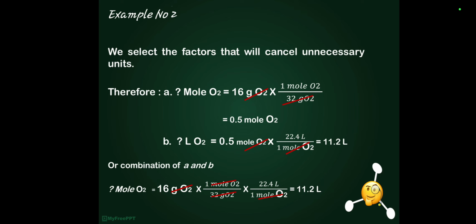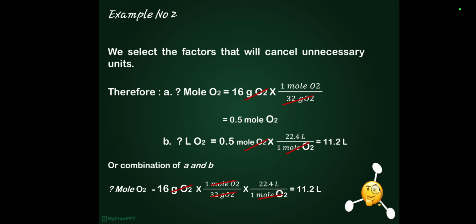So now let's go on to how we can get the liter. The liter of oxygen gas is equal to 0.5 mole of oxygen gas times 22.4 liter over 1 mole of oxygen gas. So now let's cancel the same units.